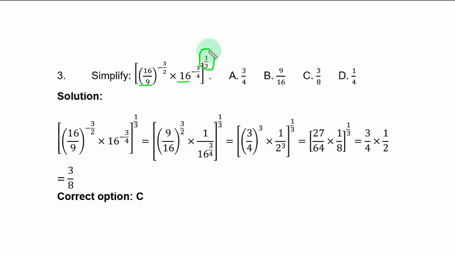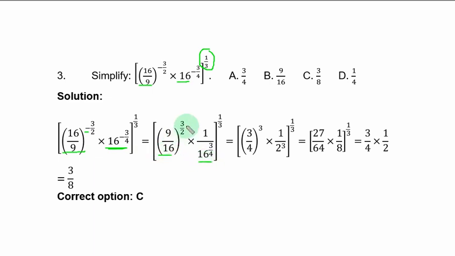Let us start with the inner brackets. Now, the first term, by negative index, if you interchange the position of 16 and 9, the negative sign disappears. So you have 9 over 16 to the power of 3 over 2. While for this term, if you write the inverse of it, that is 1 over, the sign disappears. You have it in this form.